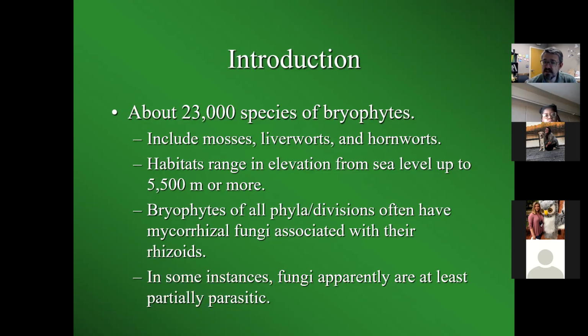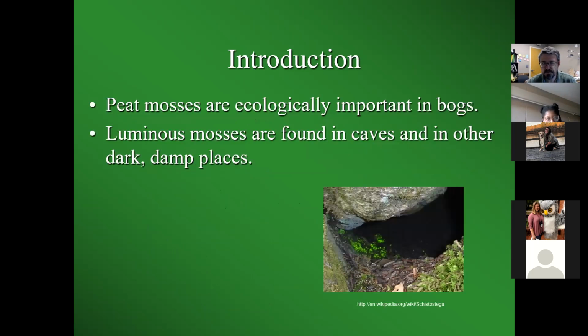In a few instances, we see something beyond symbiosis. Some of the fungi seem to be a little bit parasitic, so not beneficial to both, more beneficial to the fungus.